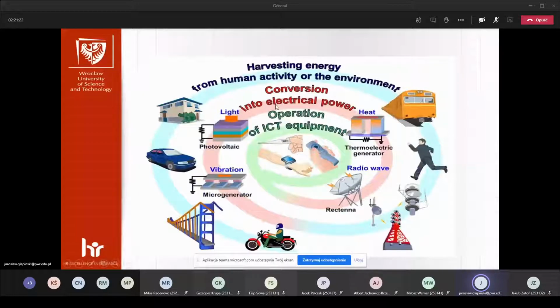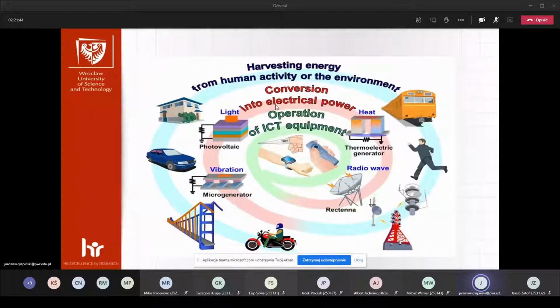Okay, so the last slide probably is that nowadays we are trying to get energy from everything in our environment. It is called energy harvesting.